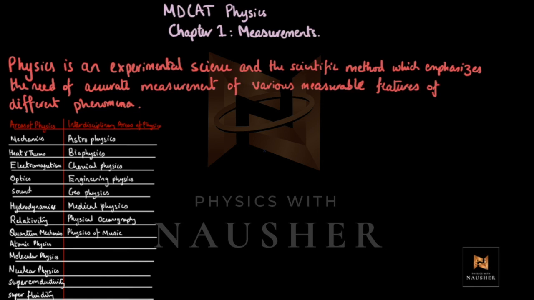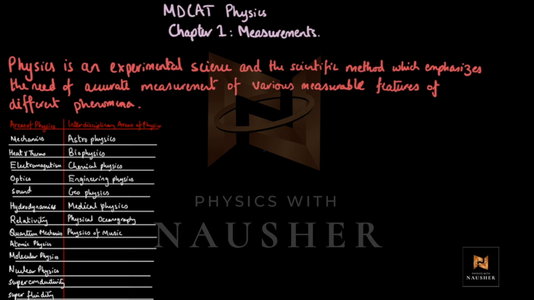So the answer would be no, because it is in the domain of physics. So in the domain of physics you have mechanics, thermodynamics, electromagnetism, optics, sound. Whatever you have studied in A level, all of that is the domain of physics.